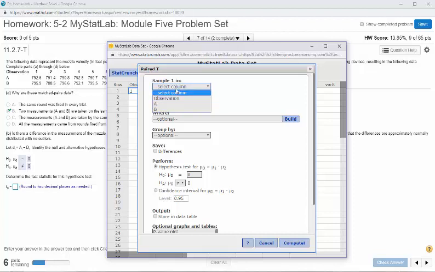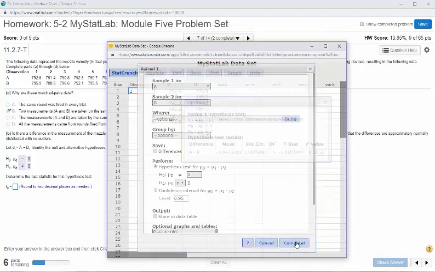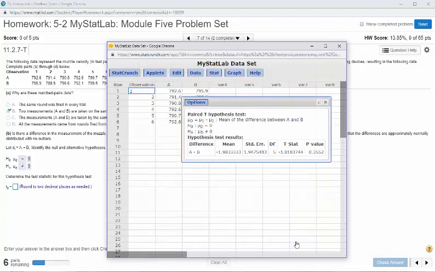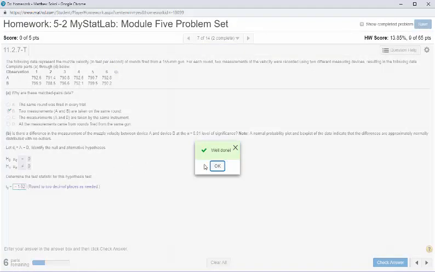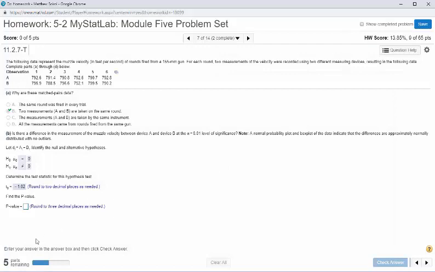So I'm going to click sample 1 is in column A, sample 2 is in B. And I want to perform a hypothesis test that the difference is equal to 0 versus not equal to 0. So I'm going to hit compute. It says determine the test statistic for the hypothesis, round to 2 decimal places. So here this is going to be negative 1.02 when I round it, which I got, great.